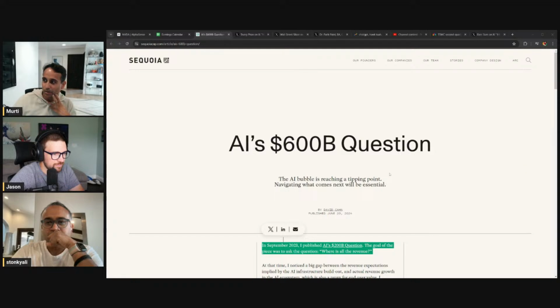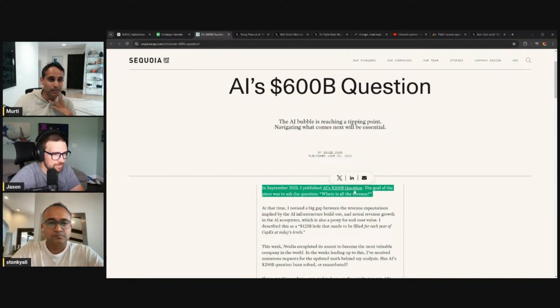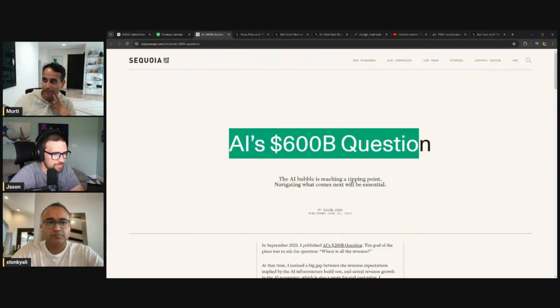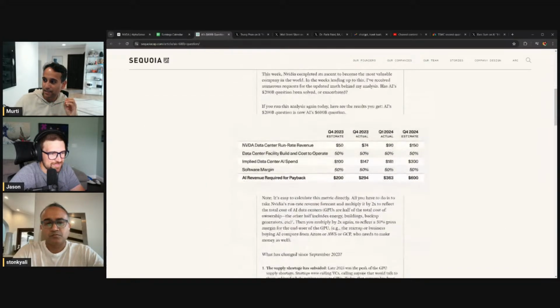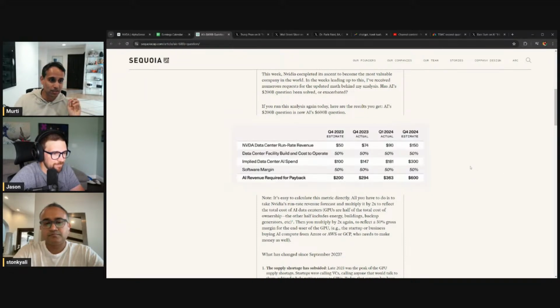They actually put out one about 6 months ago where they said AI's $200 billion question, and now it's turned into AI's $600 billion question. Their whole premise is basically that Microsoft, all the data center guys, Amazon are buying a ton of NVIDIA chips. The problem is they're not making anywhere close to the revenue that would justify this amount of capital expenditure.